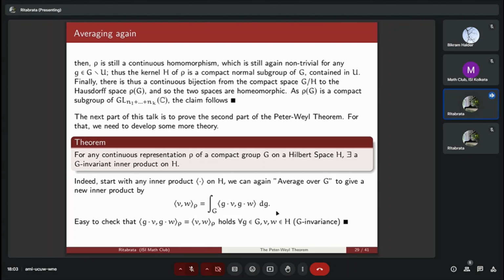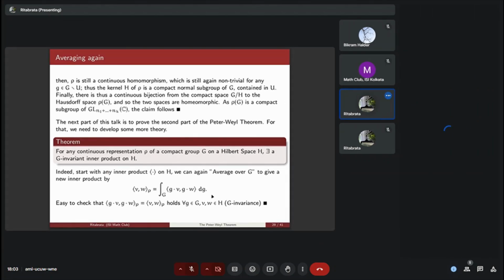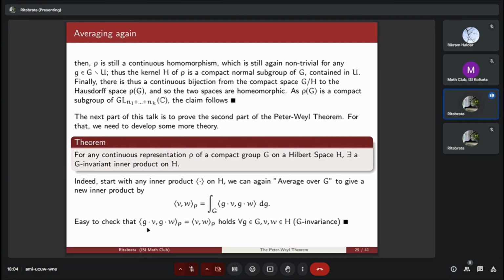And again, it is easy to check that the maps by which G acts are isometric, basically unitary maps. It directly follows from the definition. Because you're integrating with the variable G, let's take any h, and the inner product of G dot h dot V and G dot h dot W. But multiplication by h is a homeomorphism.